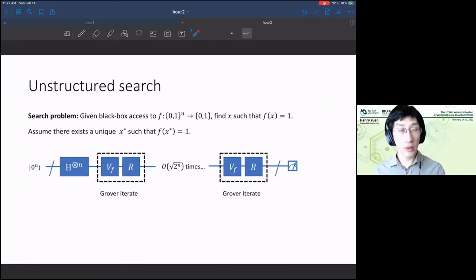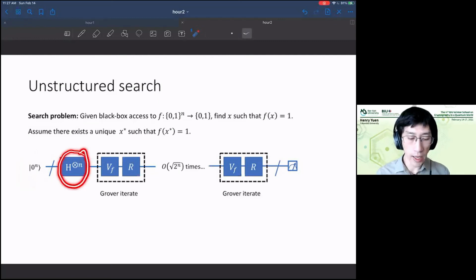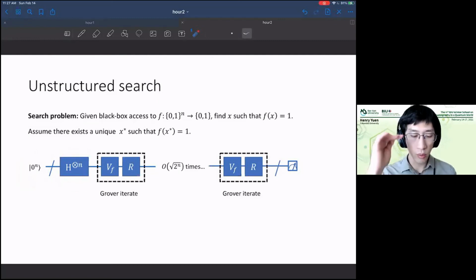So here's the Grover search algorithm. For simplicity, we're going to assume that there's a unique string x star such that f of x star is equal to 1. This algorithm acts on n qubits that start in the all 0 state. Then we apply a tensor product of n Hadamard gates, one Hadamard gate to each of the qubits, which we write as H tensor n.